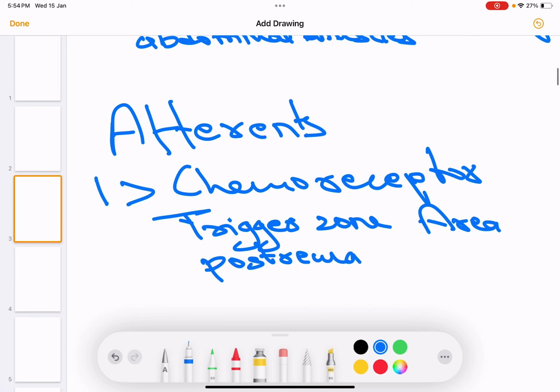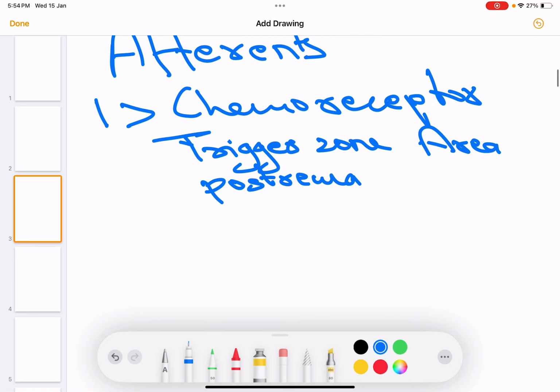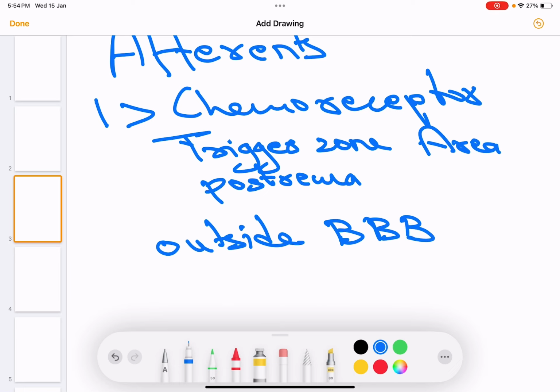It is located at the caudal end of the fourth ventricle outside the blood-brain barrier. This is important, that it is located outside the blood-brain barrier. It is accessible to emetogenic stimuli both in blood as well as cerebrospinal fluid. So it detects emetogenic stimuli, for example toxins in blood, and gives afferents to the vomiting center for vomiting.